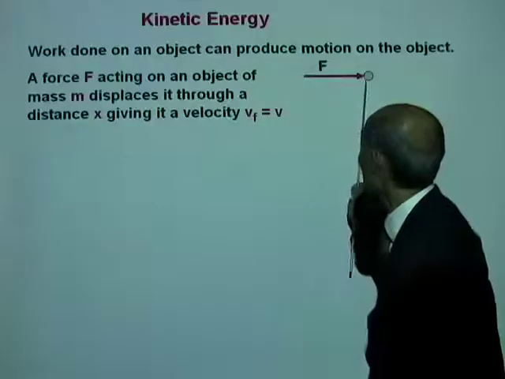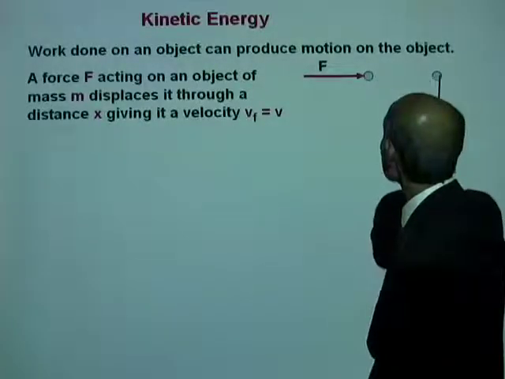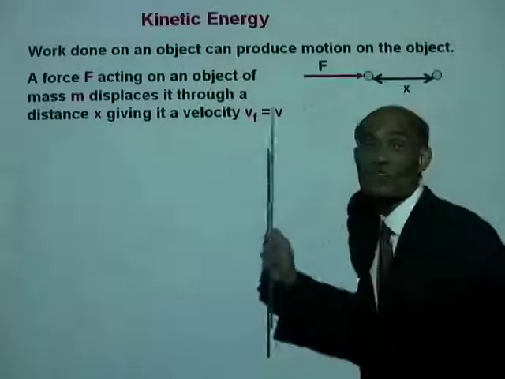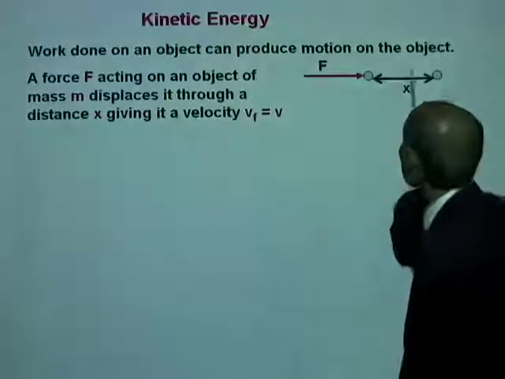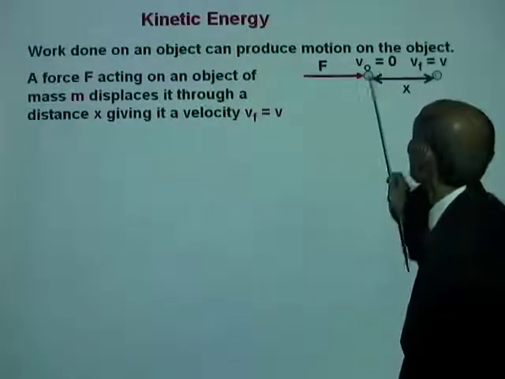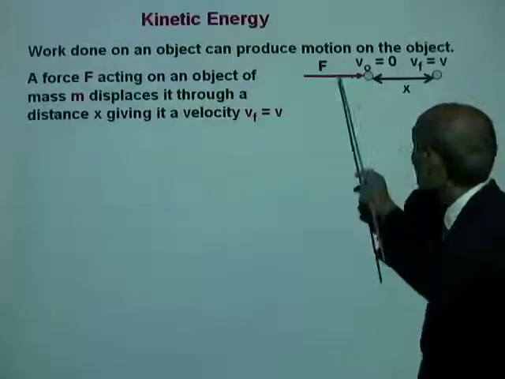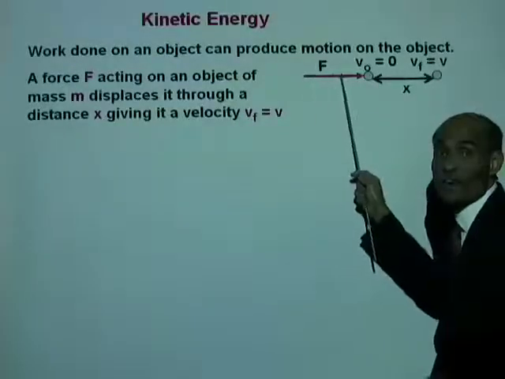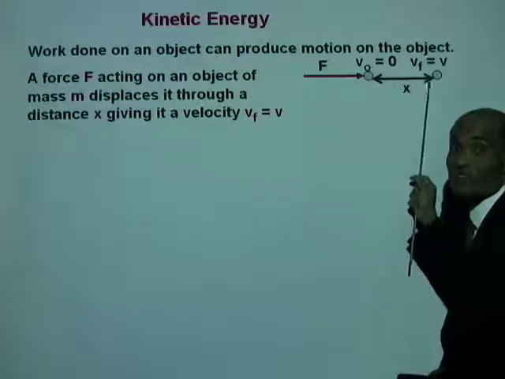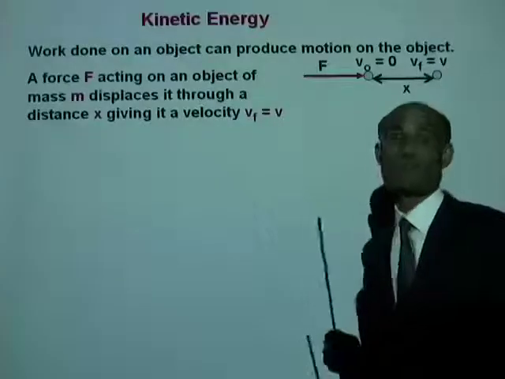And if there is an acceleration, its velocity will change. So the object now moves a distance x, acquiring a velocity v when it comes here. So the initial velocity of this object is 0. When the force F acts on it, it moves through a distance x, acquiring a velocity v.